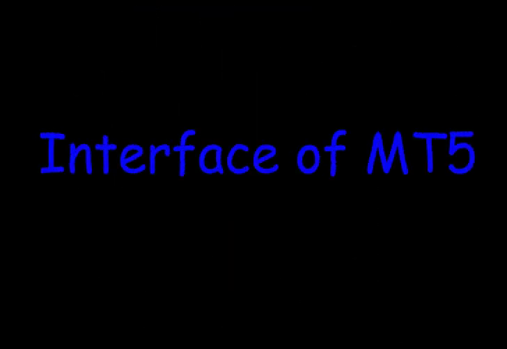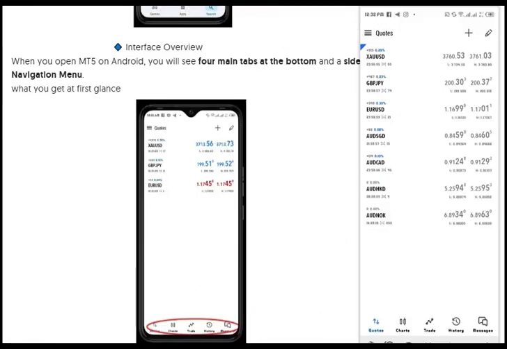Now, to objective number 2, the interface of MetaTrader 5, or often I'm going to be using MT4 or MT5, sorry. So after you've downloaded and opened it, at the bottom here, we have various tabs, and we're going to look at each one of them precisely.